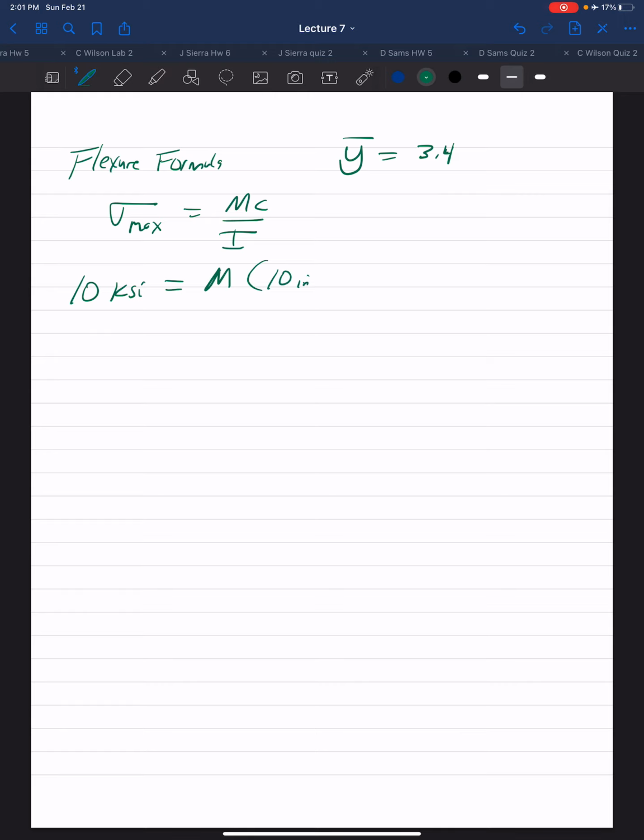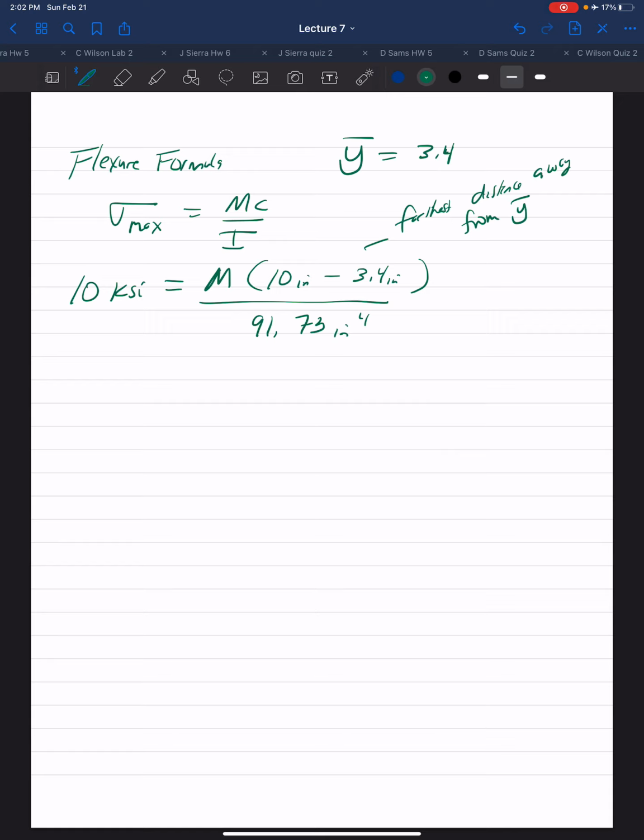So 10 inches minus the 3.4 inches. That's our C. Farthest distance away from Y bar. And our moment of inertia, I, we determined previously as 91.73 inches to the 4.